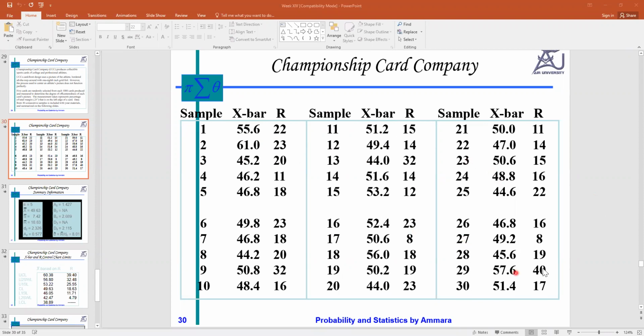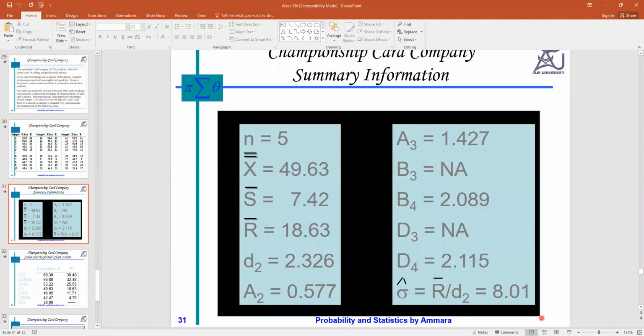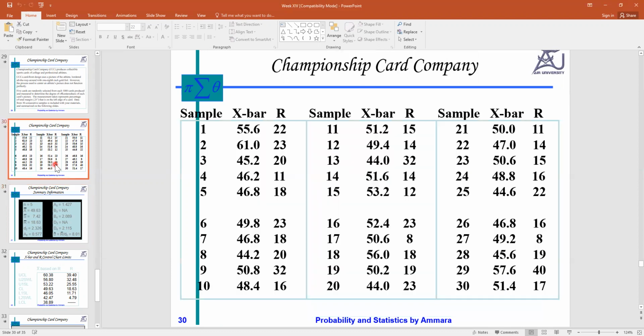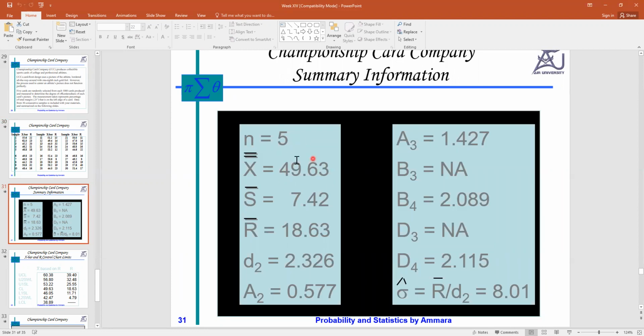When we construct the control limits, n is 5, meaning each X bar is the mean of 5 observations and each range is the range of 5 observations. So each sample contains 5 observations, and n is 5. When we calculate the X double bar, it becomes this, and R bar is this.